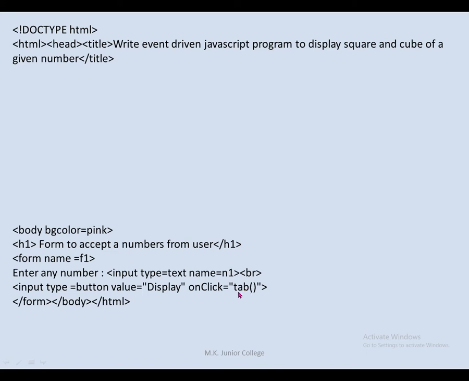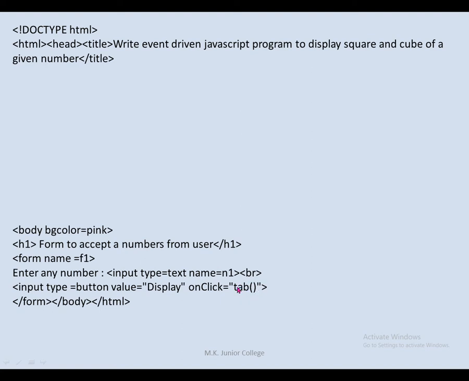So this function name may be anything. मैंने जैसे दिया है यहाँ पे tap. Any name you can add over here, but see the writing pattern. It should be in double quotes, the name of your function and opening and closing bracket. Okay, so onclick is equal to, in double quotes, the name of my function.